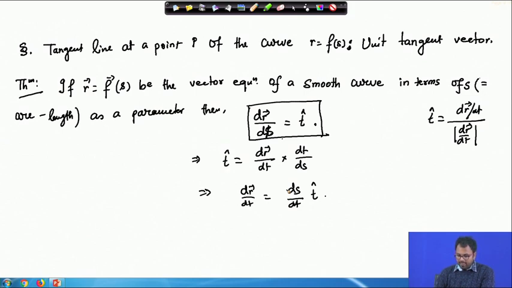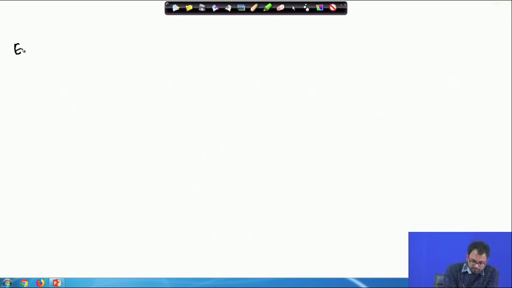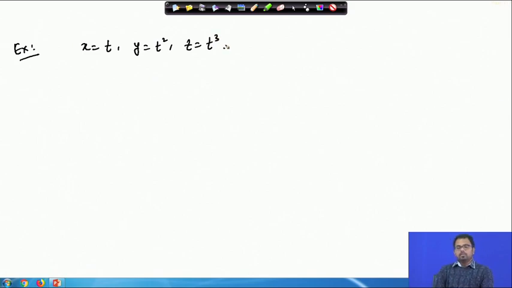So I can start with an example. Suppose the given equation of the curve is x equals t, y equals t squared, and z equals t cubed. That's the given equation of the curve. We have to find the equation of a unit tangent vector. Either we can calculate dr/dt and then divide it by its magnitude, or we can use that previous formula.